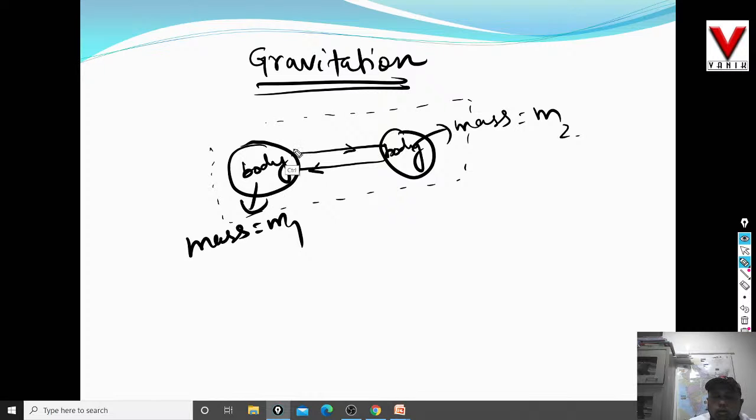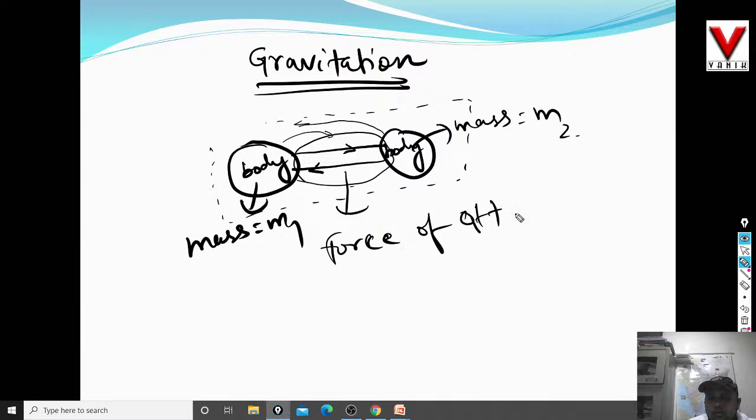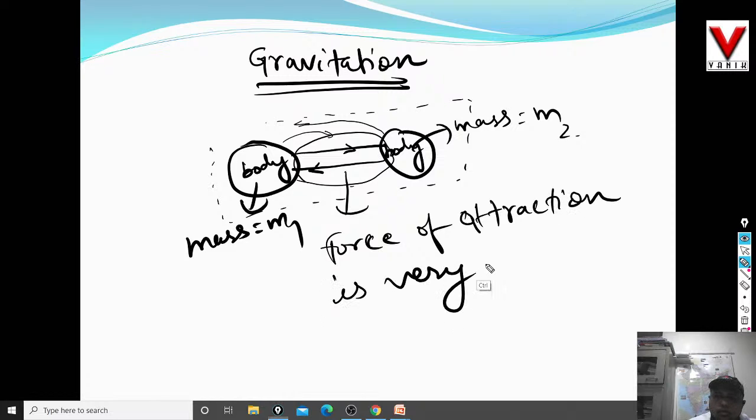But normally you won't see this body moving towards that body, or that body moving towards this body. Why do both the bodies not appear to move? Because this force of attraction is very weak.